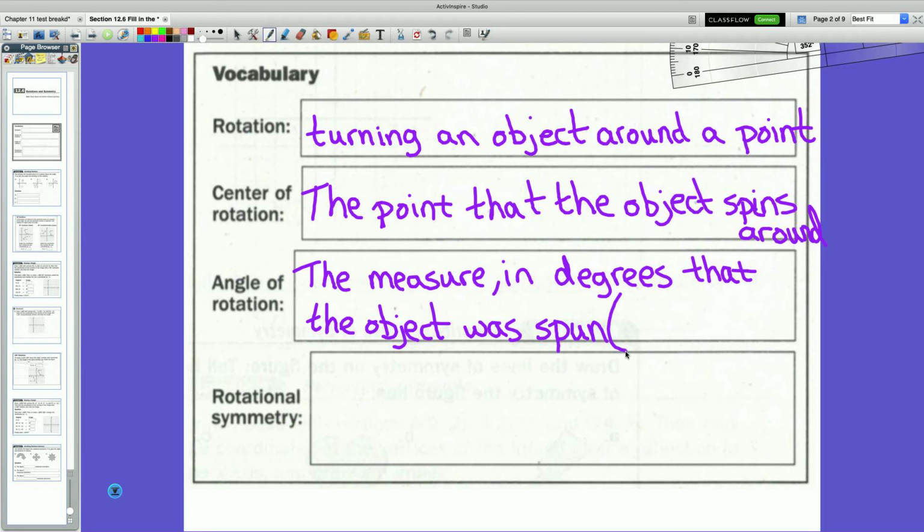And this is either going to be clockwise, or, and I'm going to go below it because I ran out of room, counterclockwise.